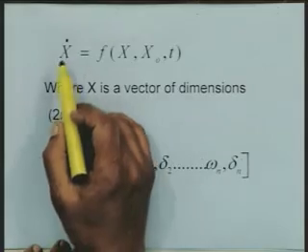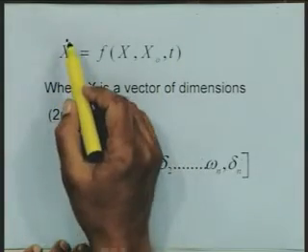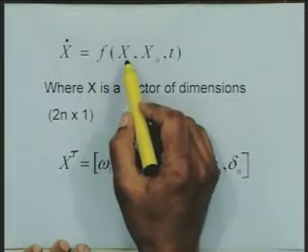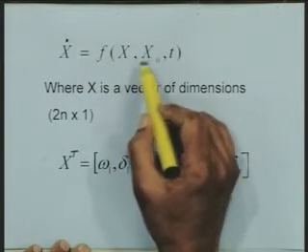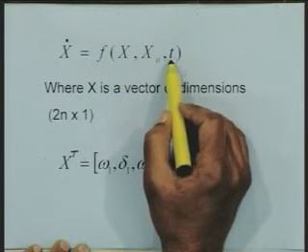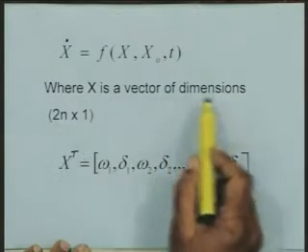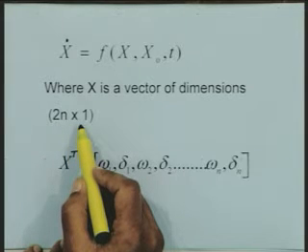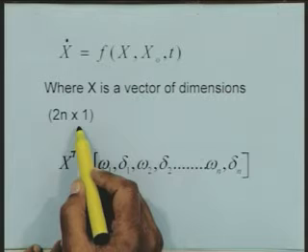Now the equations which we have written were 2n equations. These 2n equations can be written in the general form as x dot equal to a non-linear function f(x, xo, t), where x is a vector of dimension 2n into 1, n being the number of machines.